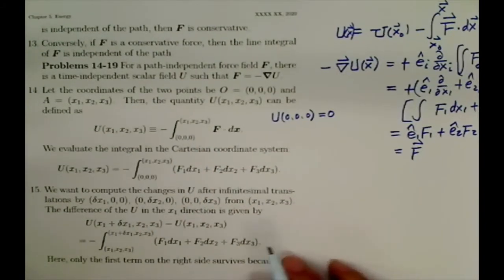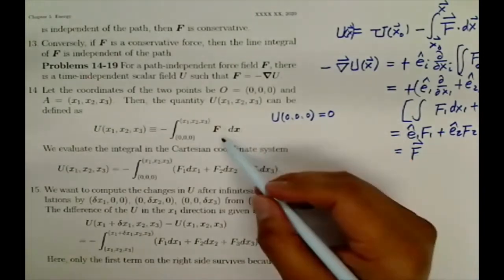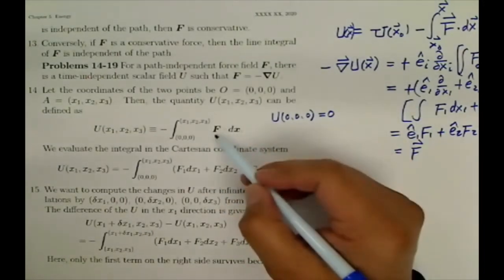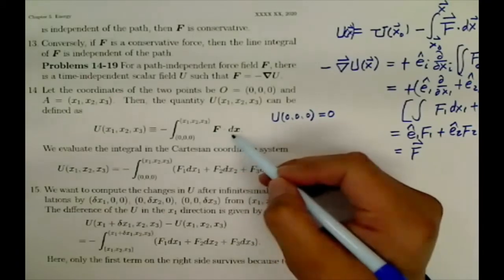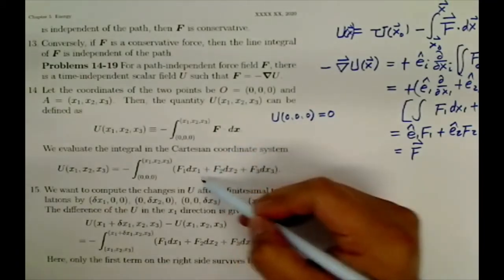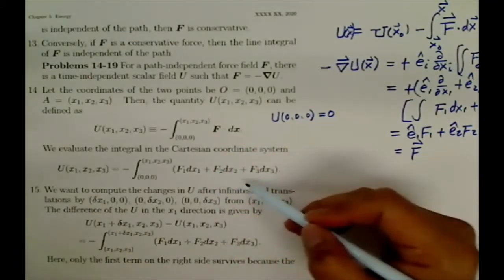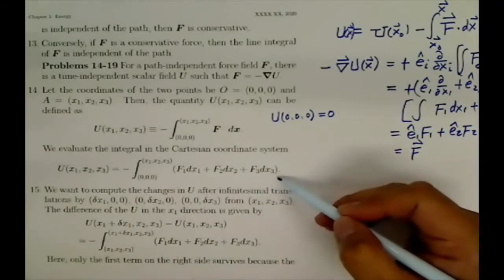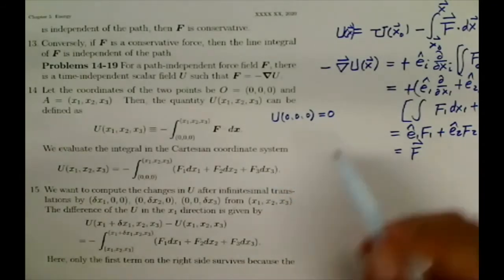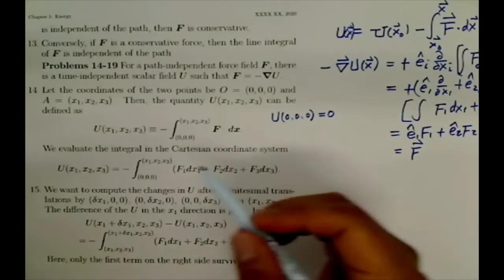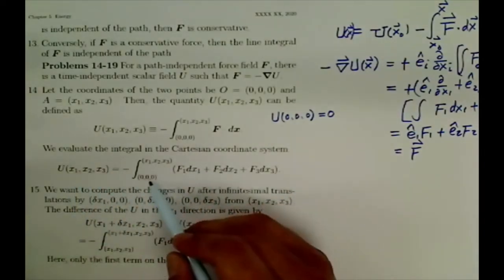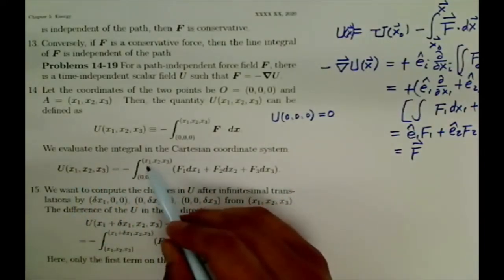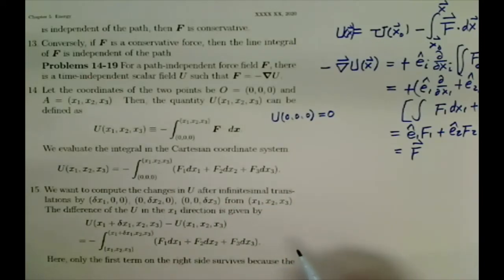Alright, let us evaluate this integral. This integral is composed of 3 pieces. F dot dx is F1 dx1, F2 dx2, F3 dx3. Okay? First one, 0, 0, 0 to x1, x2, x3. So there are many paths.